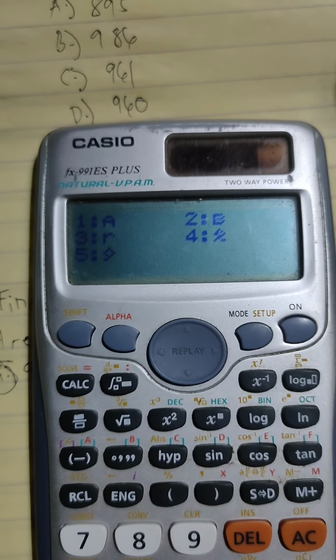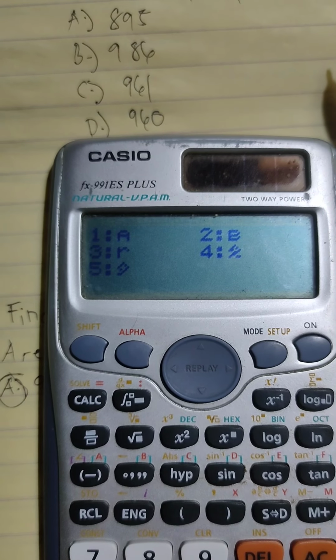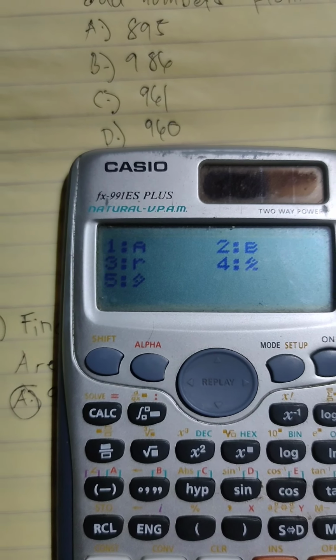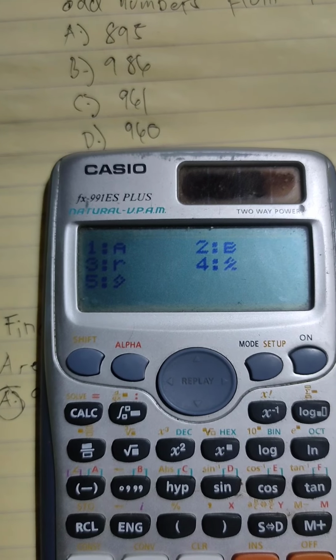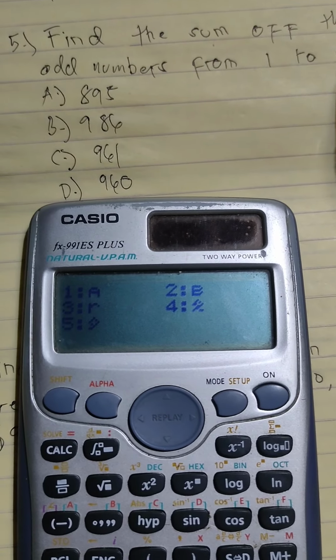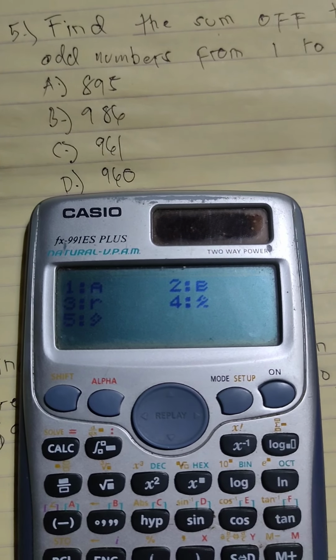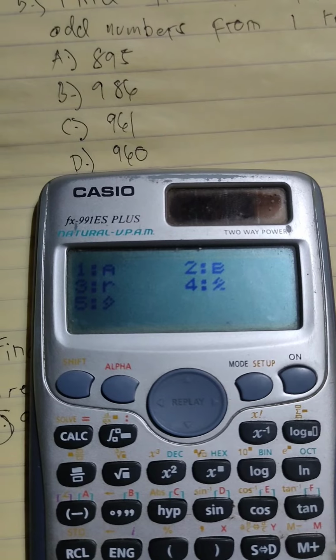So first thing we need to do is know the position of the number 61 so that we can get the sum of the odd numbers. So the position here is 4.